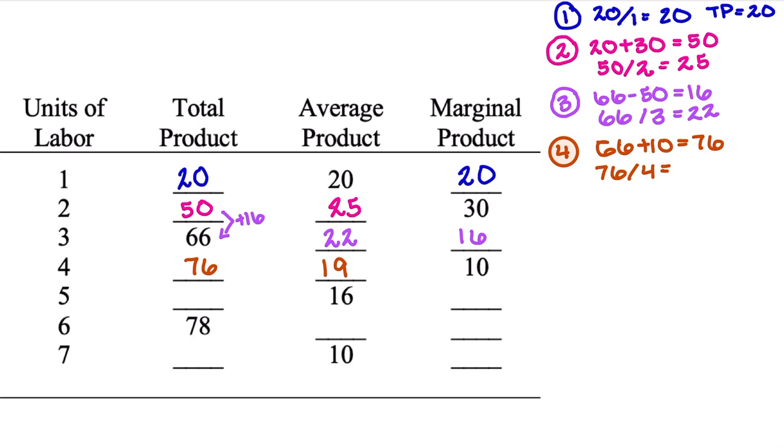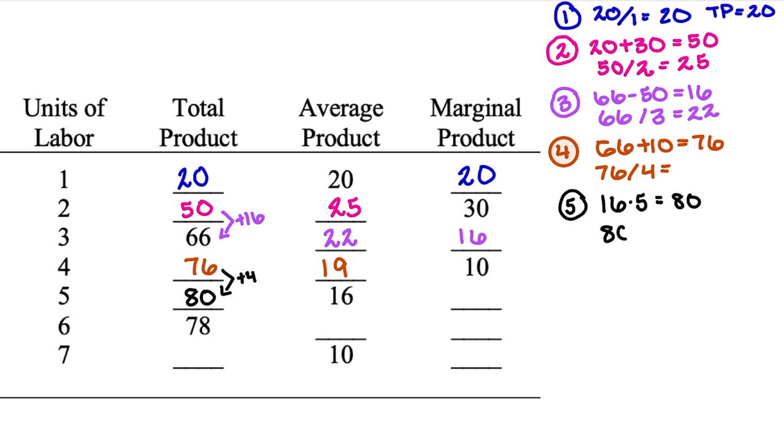Next one, we know that our average product when we have 5 workers is 16. So 16 times 5 will give us our total product, which is 80. And then our marginal product is from here to here.